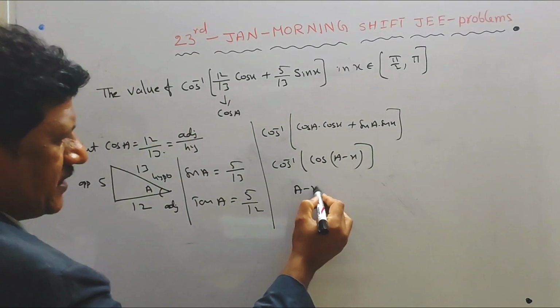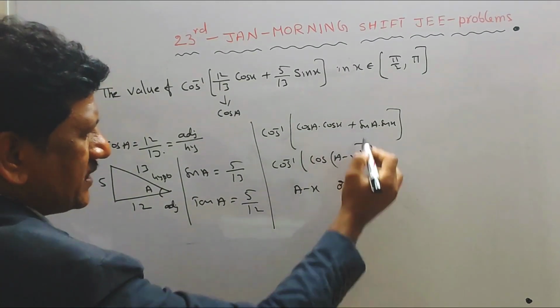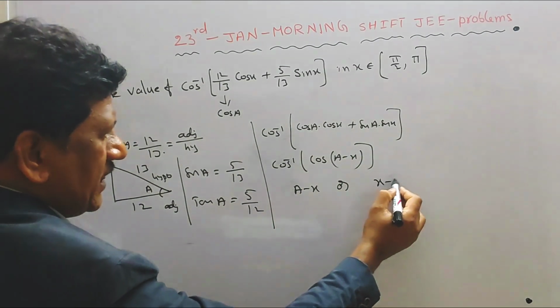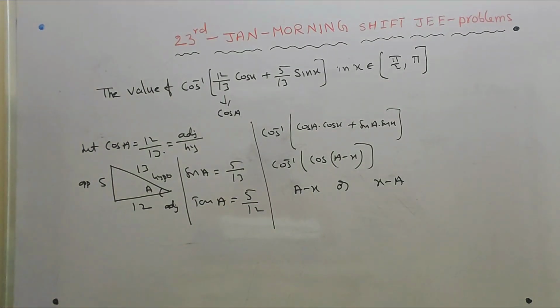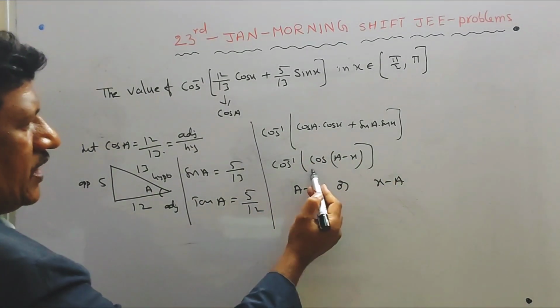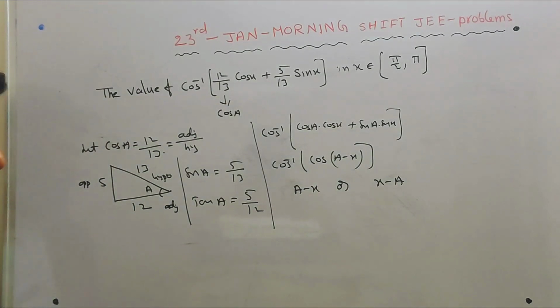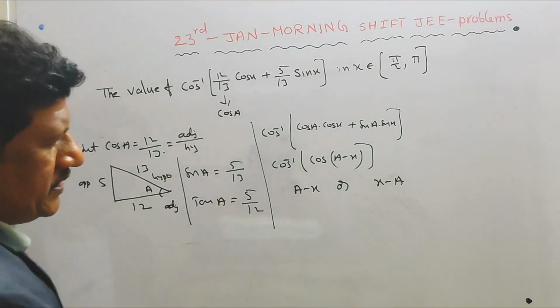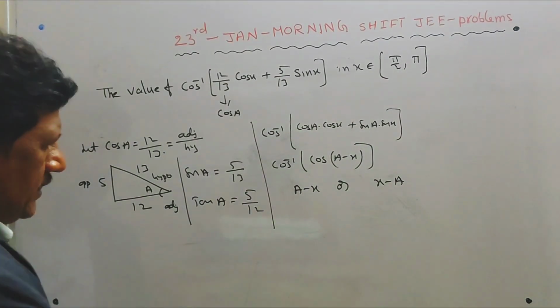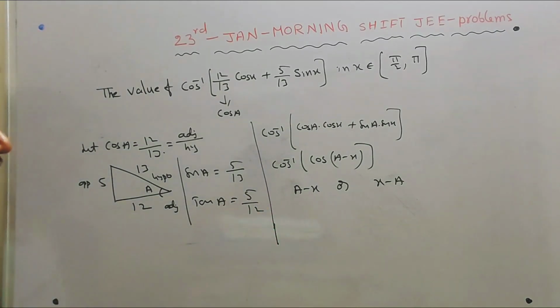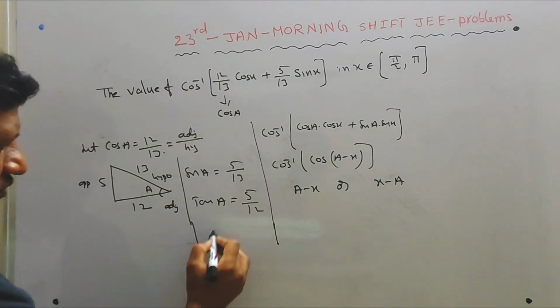This is A minus x, or we can write this one as x minus A also. We can write this step as cos of A minus x, or else cos of x minus A also we can write it. Okay? Then you take both the cases. Now from here, what is the value of A?